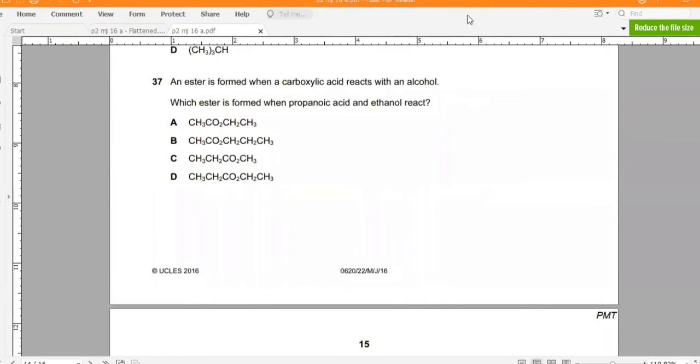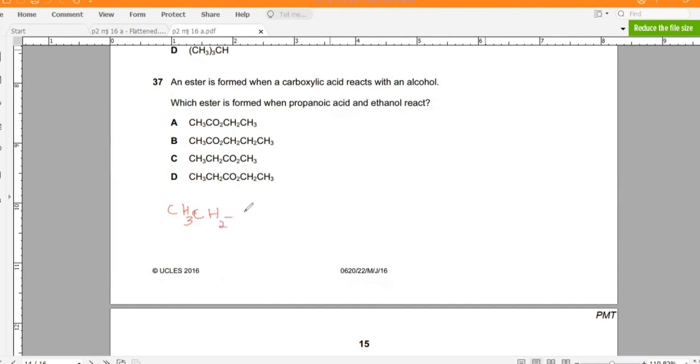Now 37. An ester is formed when a carboxylic acid reacts with an alcohol. Which ester is formed when propanoic acid and ethanol react? Let me write here. Propanoic acid is CH3, CH2, COOH. Prop means 3 carbons. This is propanoic acid. It reacts with ethanol. Eth means 2 carbons, I mean CH3, CH2, OH.